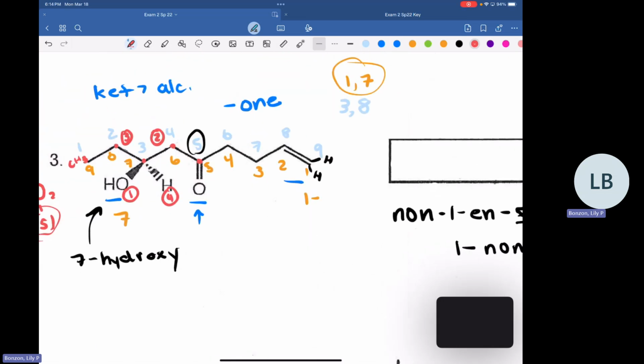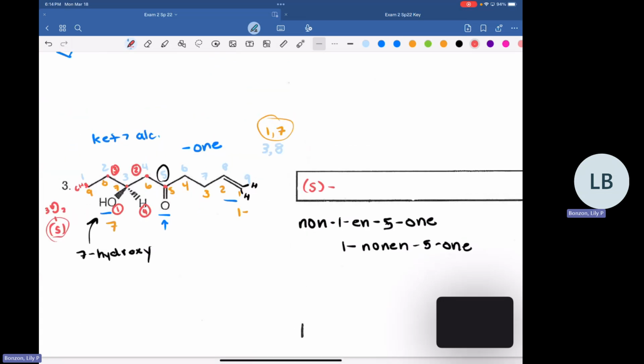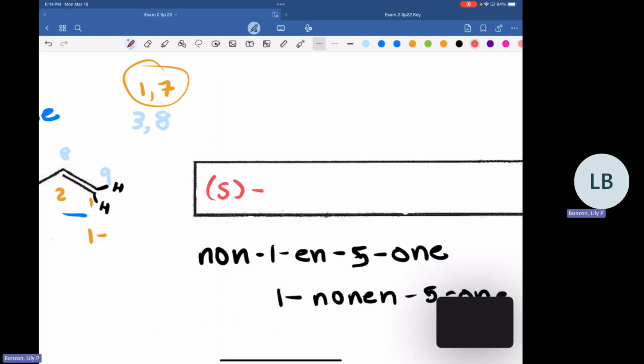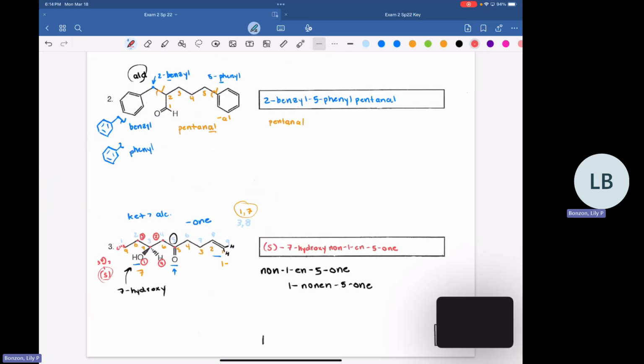And so we just need to throw it together. So we've got S, and then our substituent, 7-hydroxy, and then our parent name. So non-1-ene 5-one. All right. Any questions?